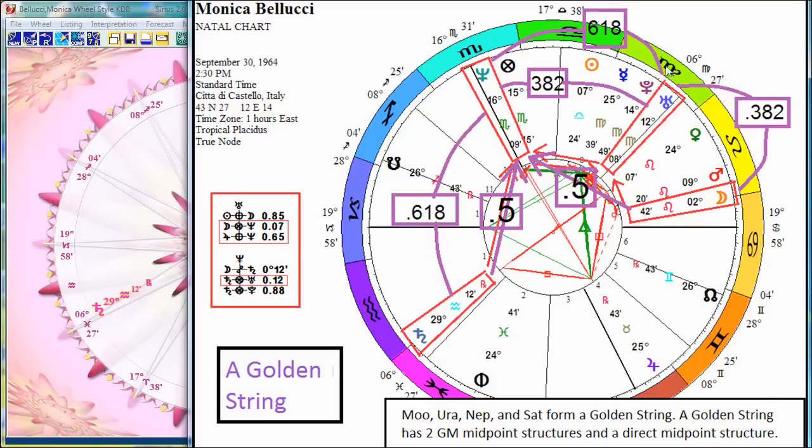But then Uranus is involved with these golden ratio relationships, giving inspiration. So what you end up with in a pattern like this is a person that's an artist, a visionary, a person who loves music and inspired architecture and art.